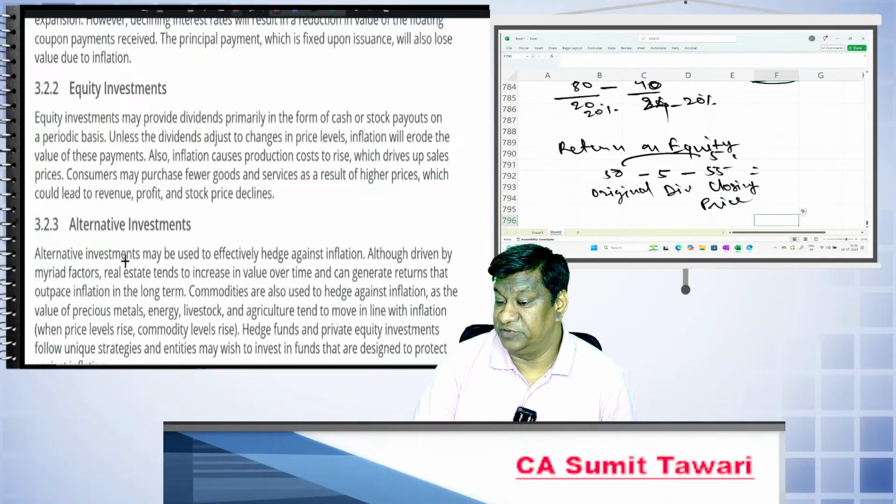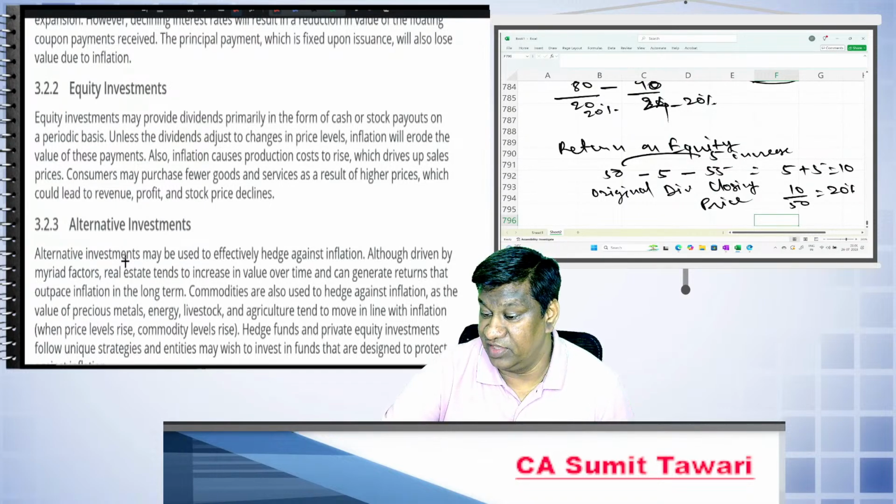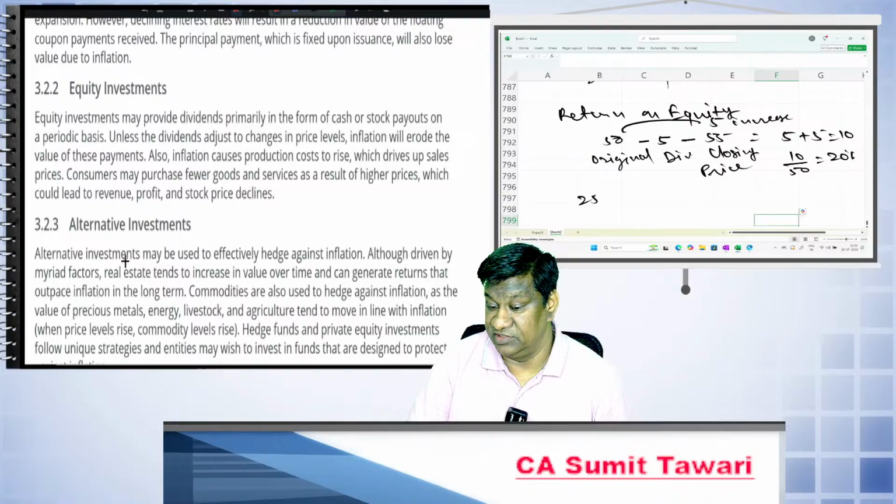This is the 5 rupees increase in prices after paying the dividend. So 5 plus 5, the total return is 10. Okay. So return on my investment is 20%. If the inflation rate is 25%, then the value of equity goes down.